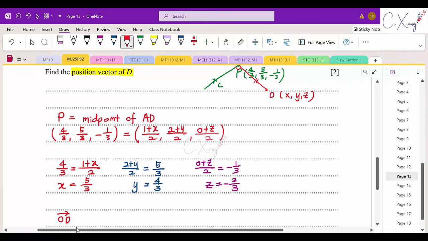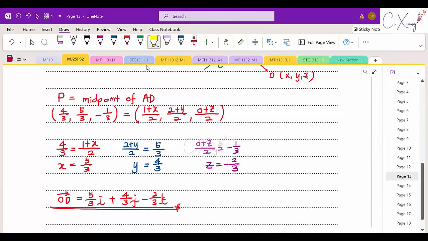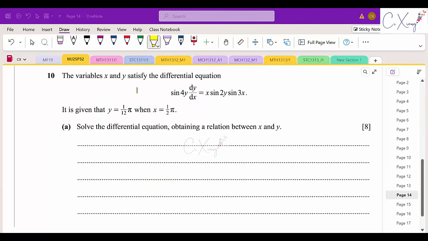Therefore, the position vector of D, OD, equals 5 over 3 i plus 4 over 3 j minus 2 over 3 k. So this is how we solve question number 10.